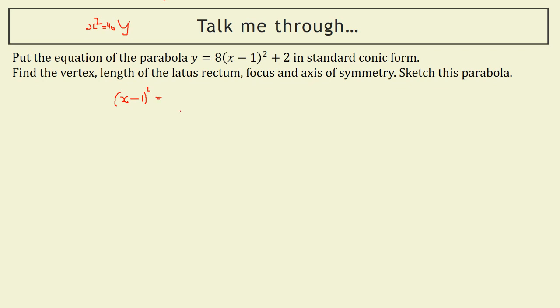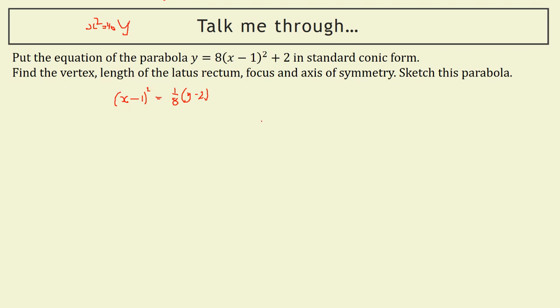How'd you get there from there? We're going to have to divide by 8, but the minus 2 has to happen first, doesn't it? So shouldn't it look like this? Like that?